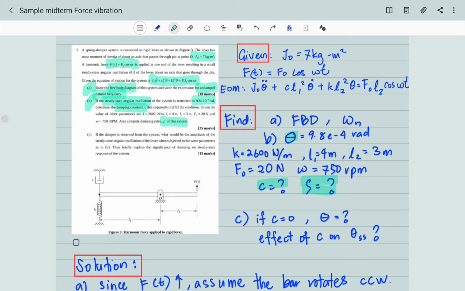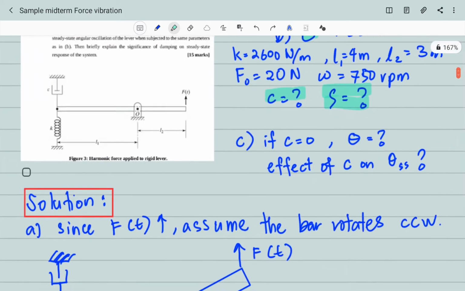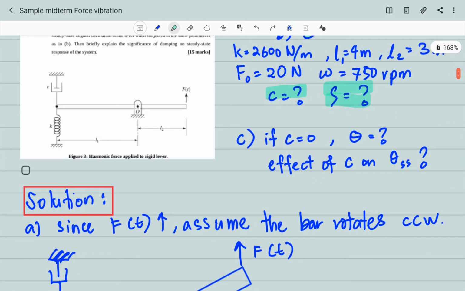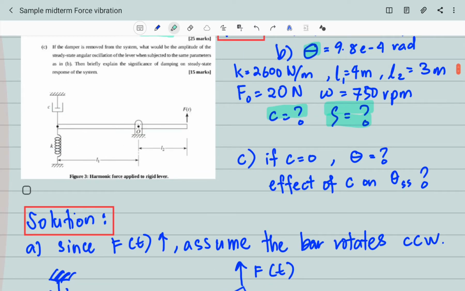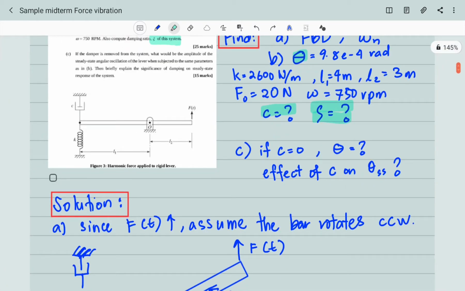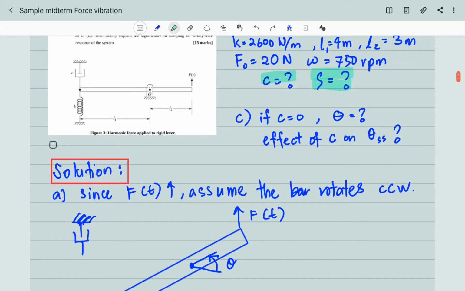Part A, they want you to draw the free body diagram. So I have put here the basic illustration of the lever. How is it going to look? I always tell the students we want the F(t) in your EOM to be positive.